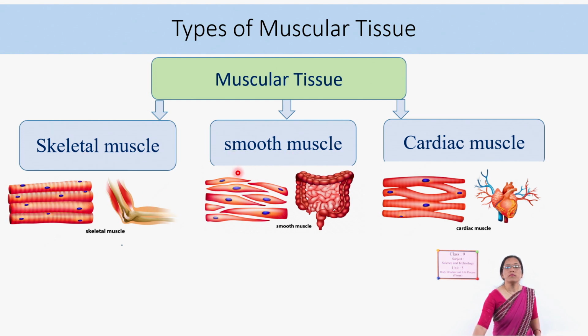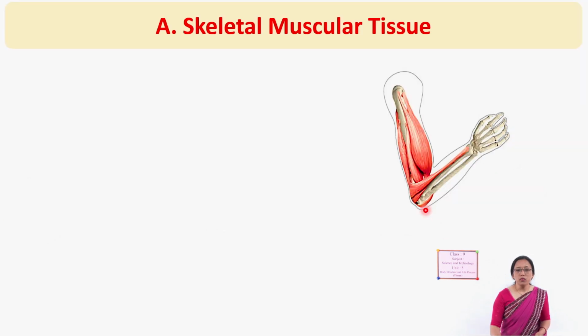And those muscular tissues which are present in the internal organs of our body are called smooth muscles. And those muscles which are exclusively present in the wall of the heart are called cardiac muscles. Okay, we will discuss in detail what skeletal muscle is and the structure of these skeletal muscles.